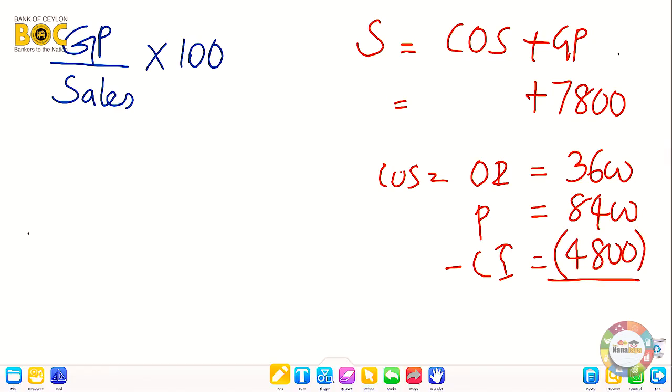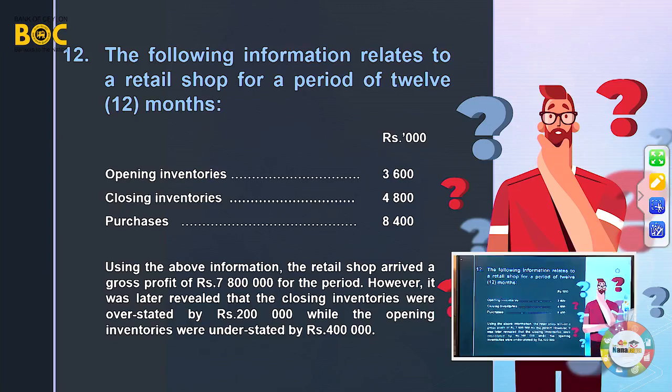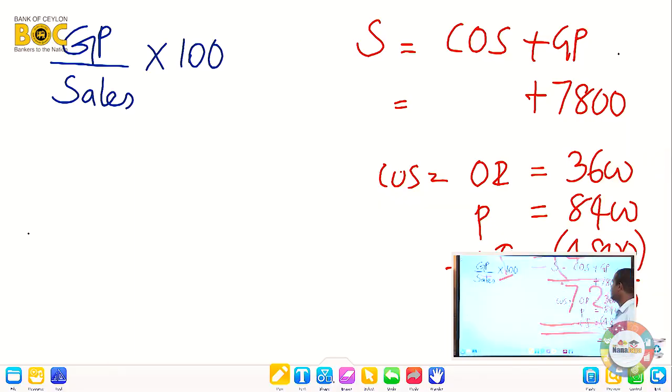Then you can calculate cost of sales. The cost of sales you get is 7,200,000. To check, opening inventory 3,600 plus purchases 8,400 minus closing inventory 4,800.